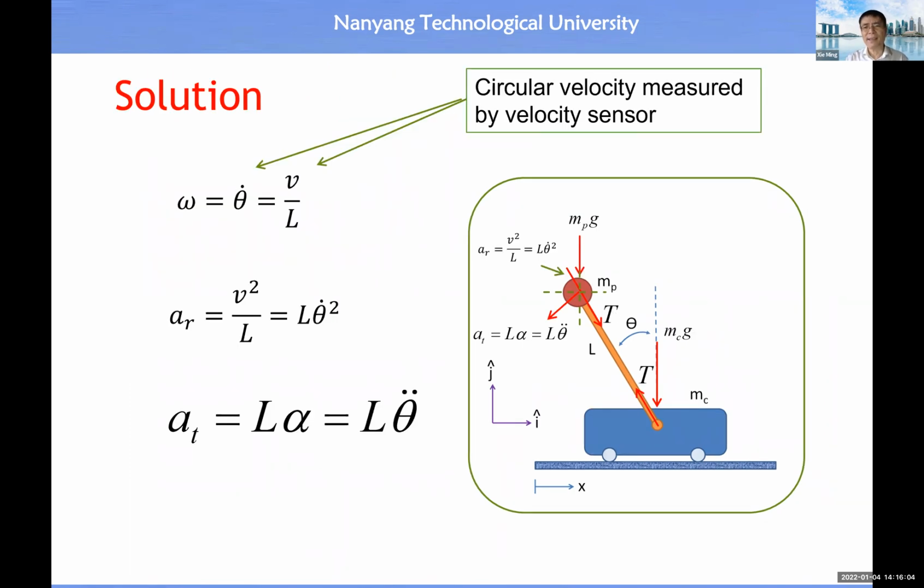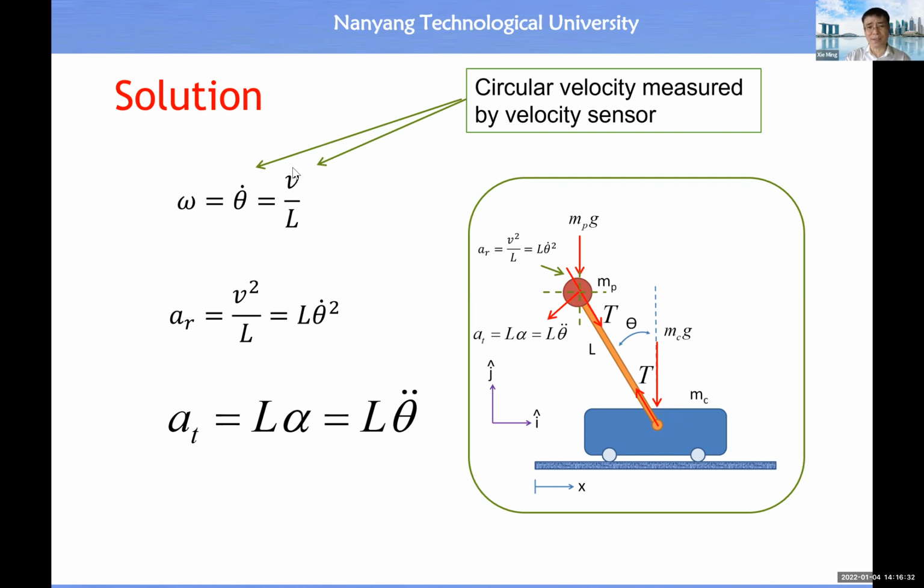So then here we can write down some basic equations. Since we have this angular position theta, the first order derivative, theta dot, is equal to the angular velocity of the ball or the rod about the axis which passes through this joint. And this can also be calculated from the circular velocity.